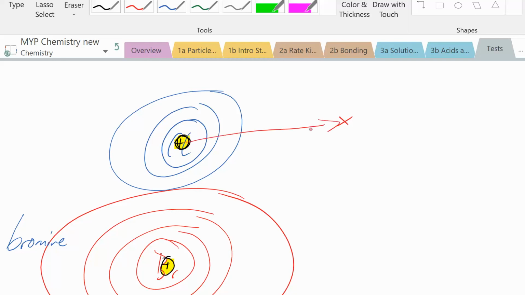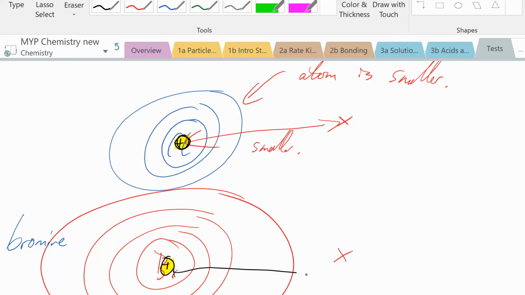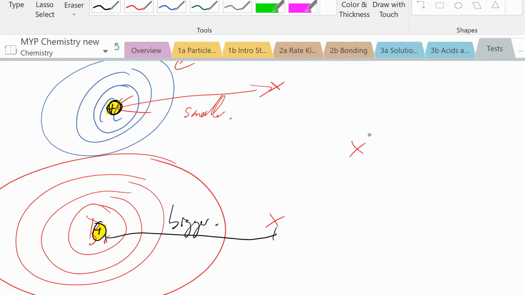So this distance is going to be smaller because the atom is smaller. Whereas if there was an electron over here, this distance is going to be bigger. And you've also got to remember, if you've got one electron, let's represent that electron as E- instead.